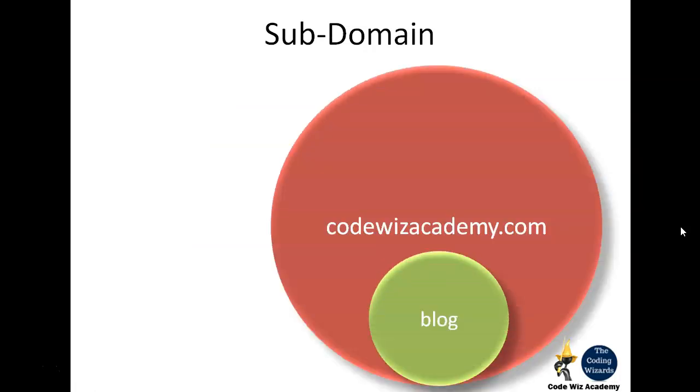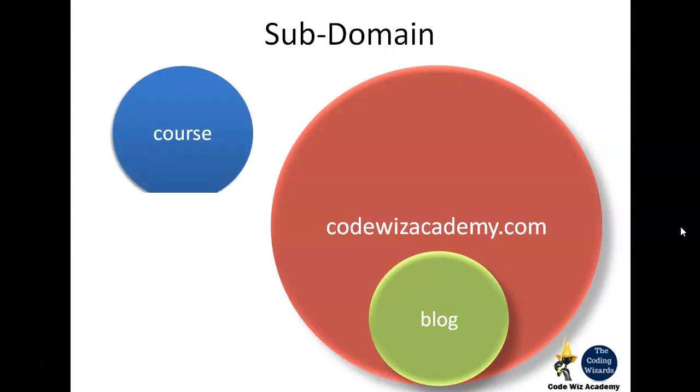Then we have a subdomain. What is a subdomain? Now we have one domain name, codewizacademy.com, and a folder dedicated for that, within which we have a subfolder, blog. But a subdomain will not reside inside the root domain.